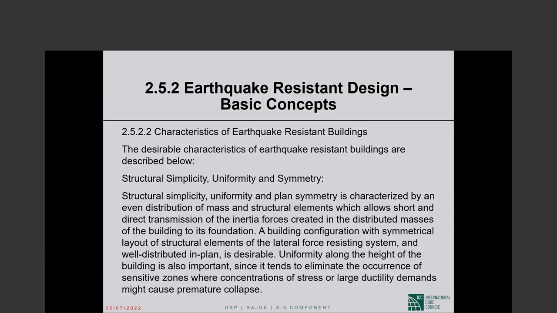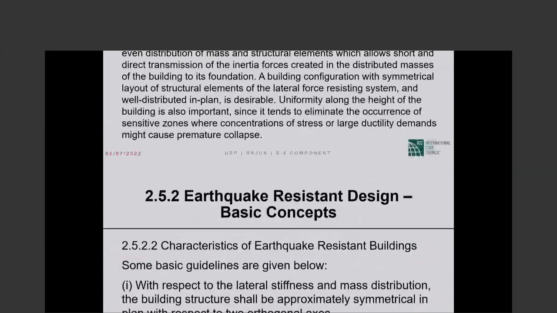So they don't have a lot of taste for this simplicity, uniformity, symmetry, etc. And tomorrow we will have an elaborate discussion of structural irregularity and how we deal with those in seismic design, because we have no choice. We as engineers will be forced to deal with structural irregularity. Most of the buildings we design will not be simple, uniform, and symmetrical, but those are definitely desirable, to the extent that they are very helpful.